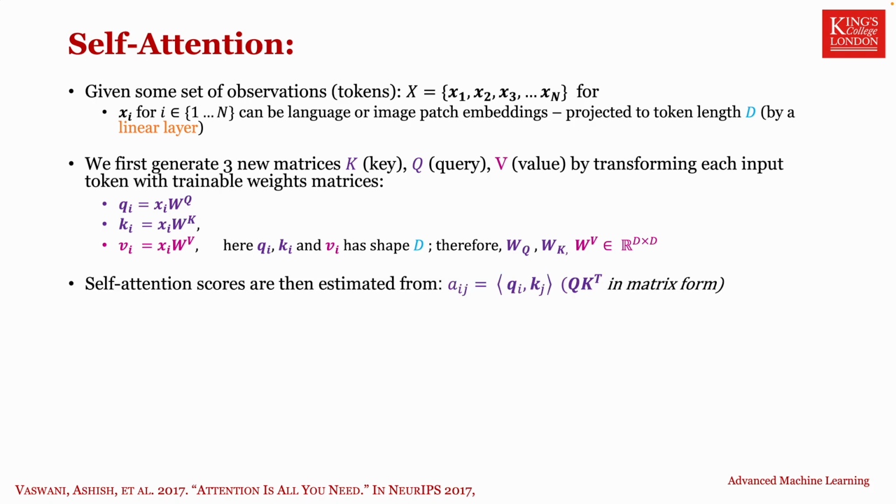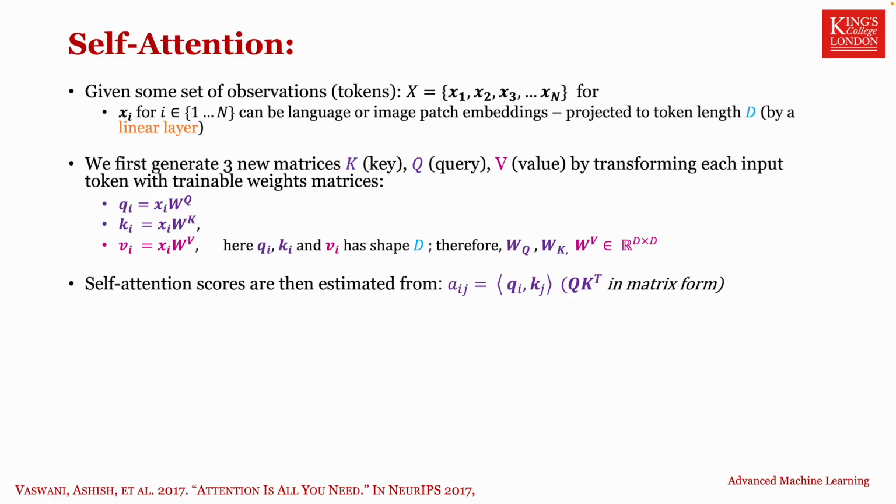Self-attention scores are then estimated from the dot product between the query and the key, where this is essentially some measure of the similarity between the query key projections of the samples xi and xj. So qi corresponds to xi and kj corresponds to xj.